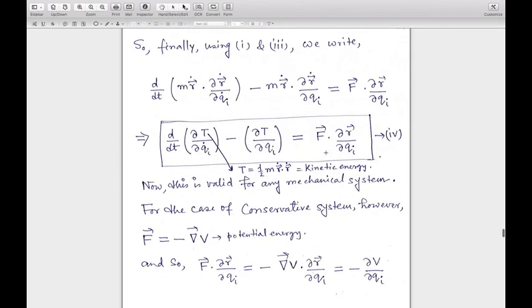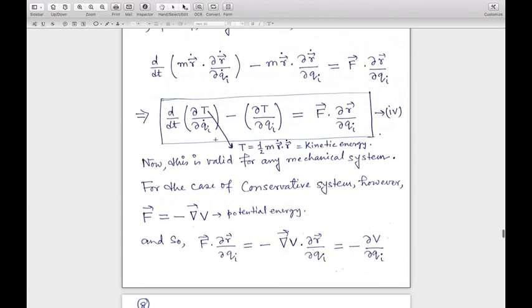Now what is half m r dot square? This is nothing but the kinetic energy of that particle, right? If the kinetic energy is T, then I can simply write F · ∂r/∂q_i is equal to d/dt of ∂T/∂q_i dot minus ∂T/∂q_i.